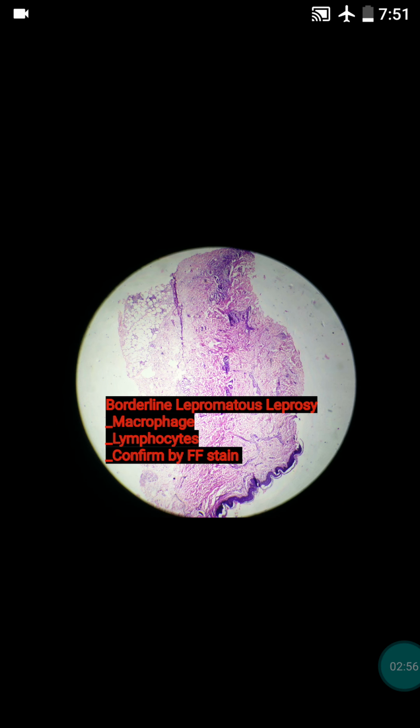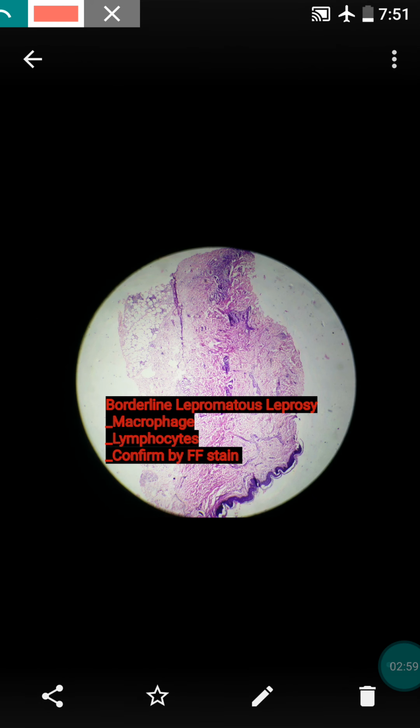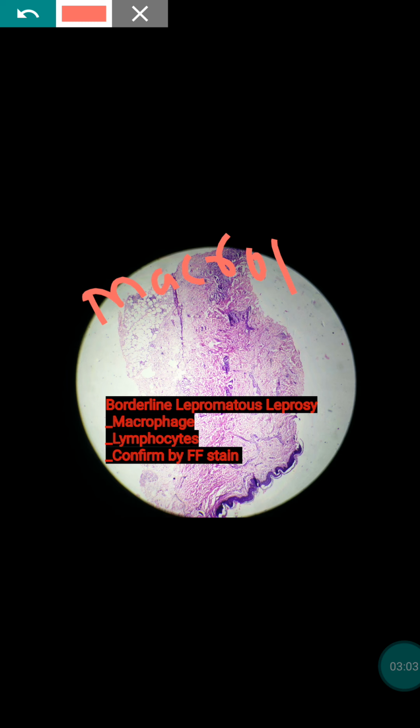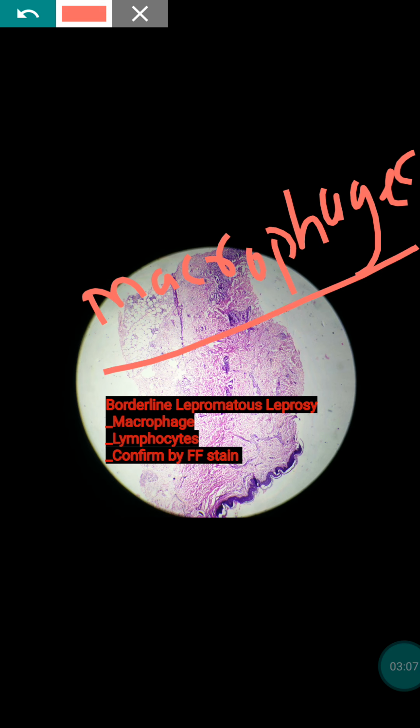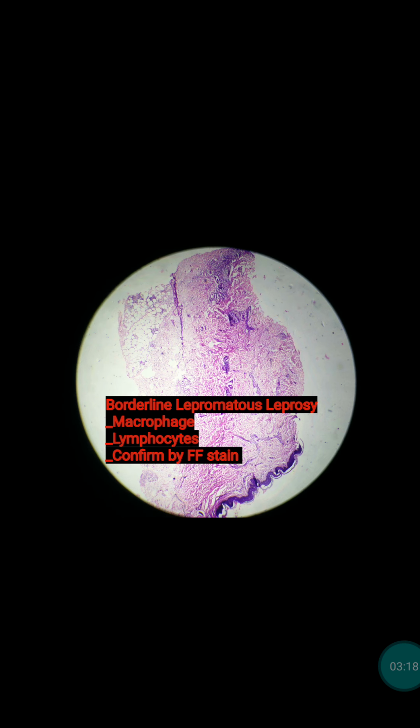So what is the feature of lepromatous leprosy? Lepromatous leprosy has macrophages in the dermis, and there will be absence of lymphocytes. Remember, there will be presence of macrophages and absent or very few lymphocytes. But when the focus shows macrophages as well as an equal number of lymphocytes, then your diagnosis will be borderline lepromatous leprosy.